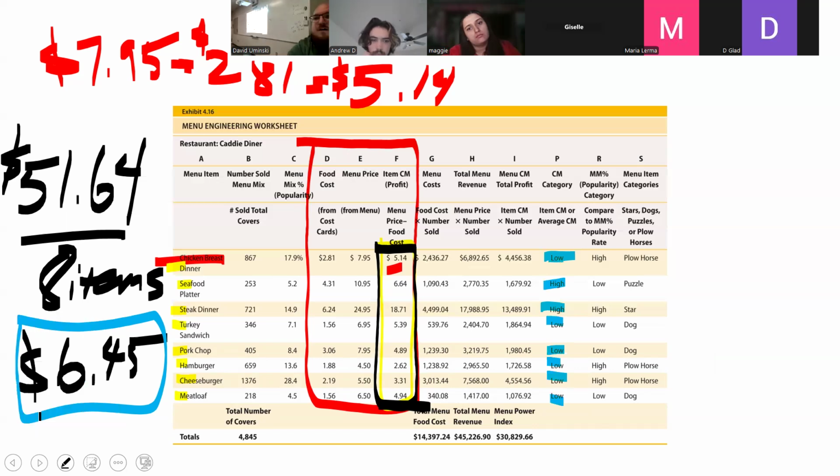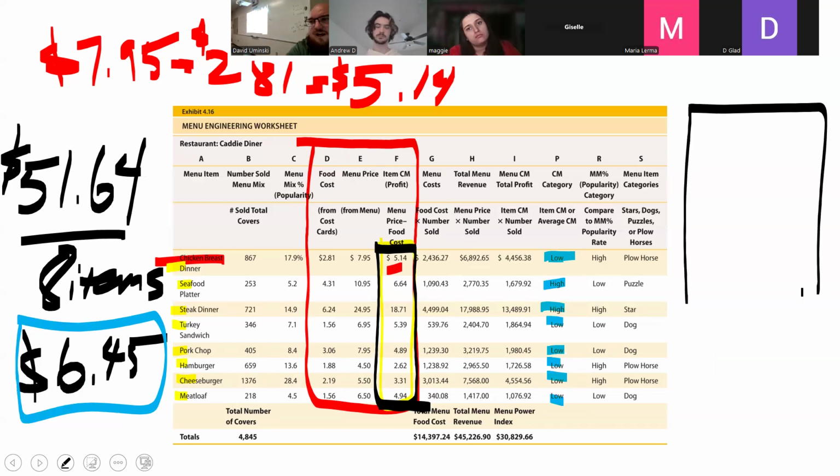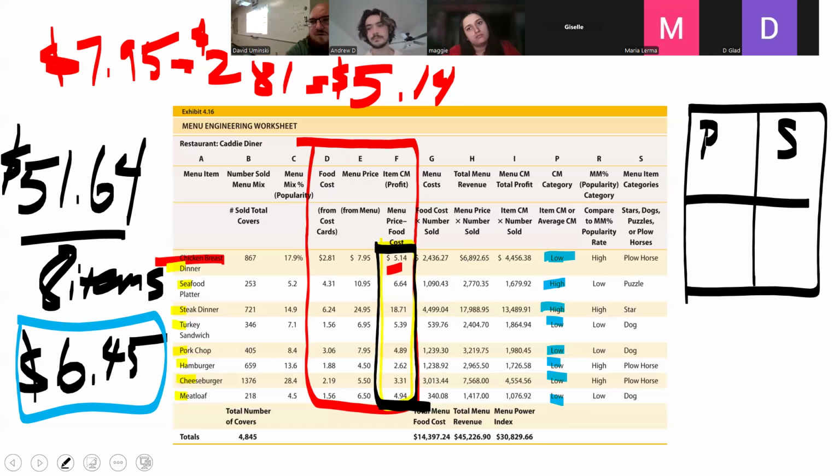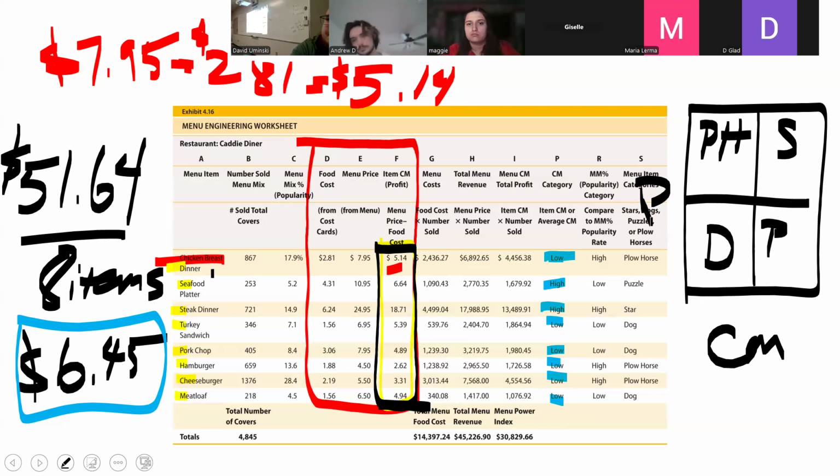So if I were to draw my square right here, I've got the star, the plow horse, the dog, and the puzzle. Okay. Which 2 categories might my chicken breast be in? I've got contribution margin, and I've got popularity. It could be a plow horse or it could be a dog, right?